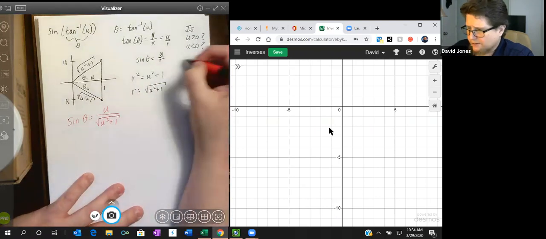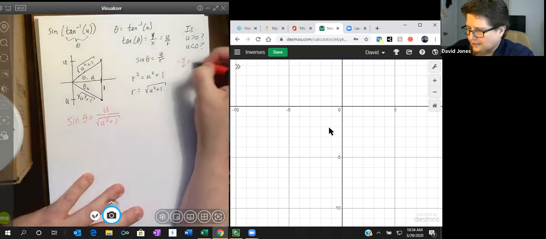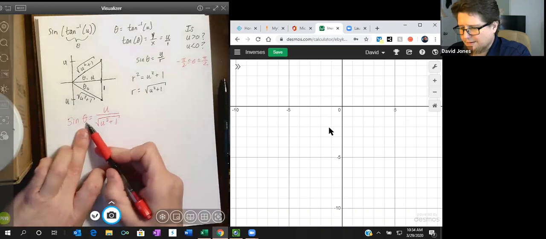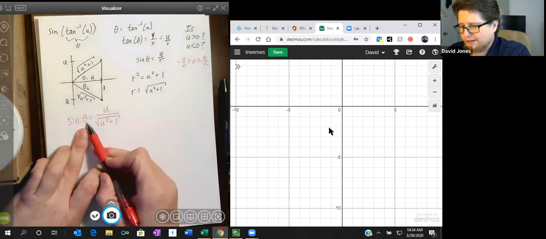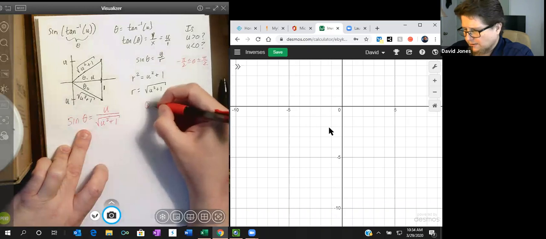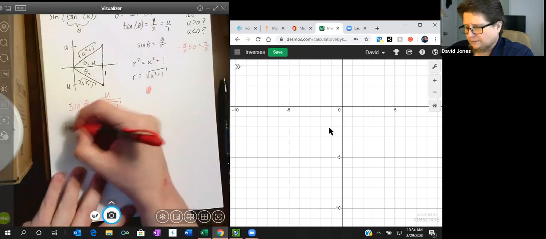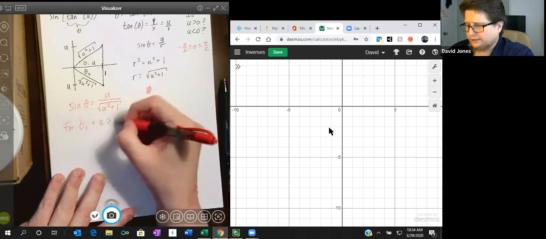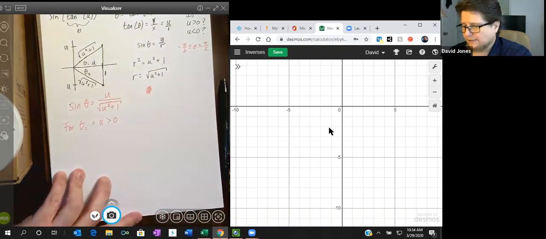And remember, we're restricting theta still. And this doesn't matter. This works whether I'm using theta 1 or theta 2. What's the difference? On theta 1, u is greater than 0. Does that match up with what we have?